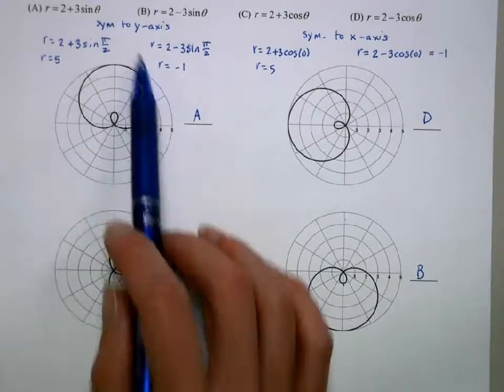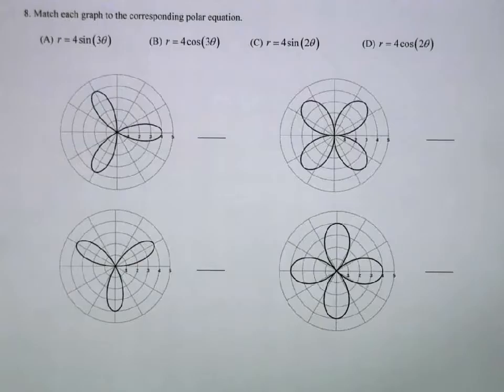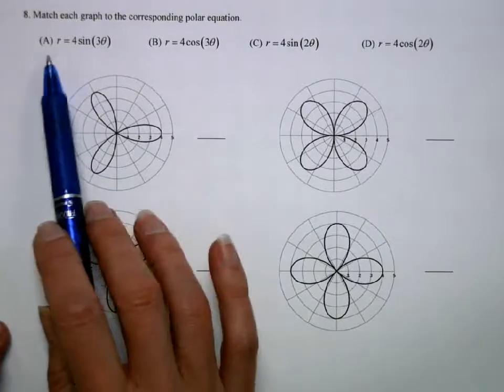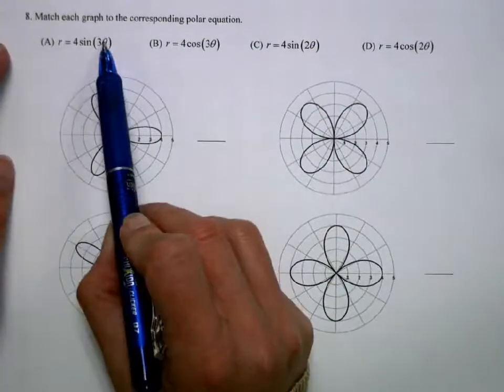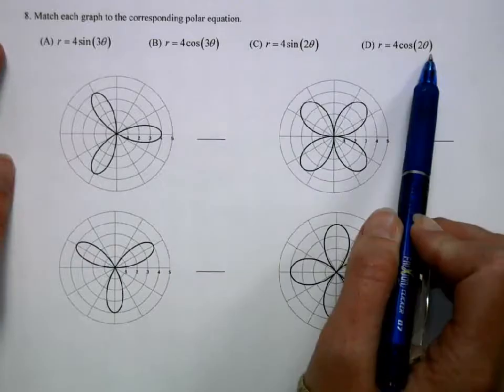Okay, next, similar idea. We have four equations, four graphs. These are all roses. One shortcut is knowing what the coefficient of the theta gives you in polar, specifically for roses.